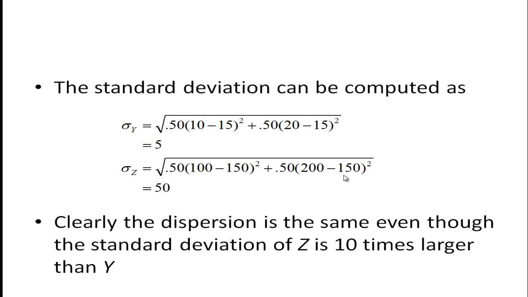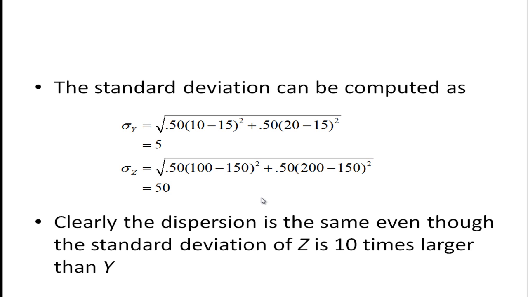If we take 200 minus 150, that's positive 50 squared. That's 2,500. 50% of 2,500 is 1,250. And 50% of this 2,500 is also 1,250, right? 1,250 plus 1,250 is 2,500. Take the square root of 2,500 and you get 50.